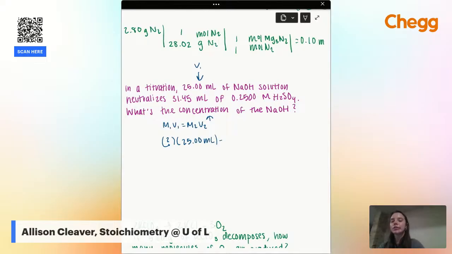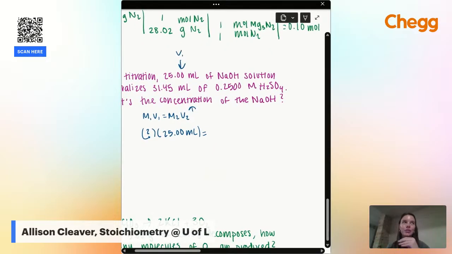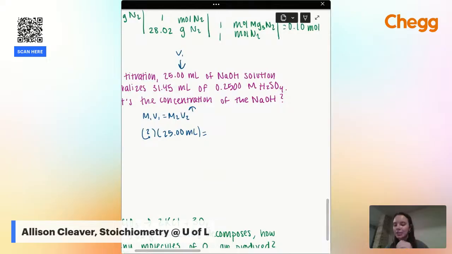And another thing with dilution equations, this isn't common knowledge, but you don't have to use a certain unit for the volume as long as it's the same. So it can be milliliters, it can be liters, it can be gallons. As long as it's the same, it is fine. You don't have to convert it to liters. I had one teacher who told the students they had to convert everything to liters, which isn't correct. It'll save you a lot of time if you know that.